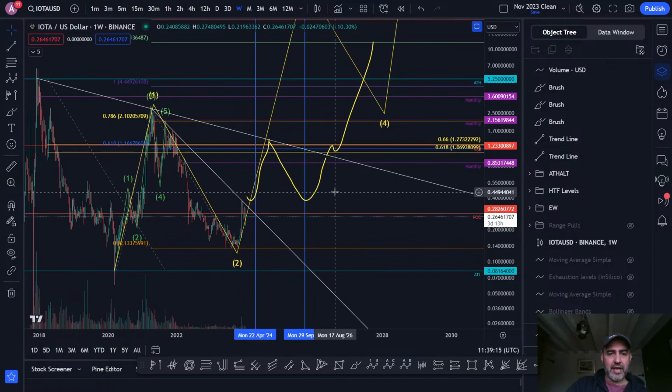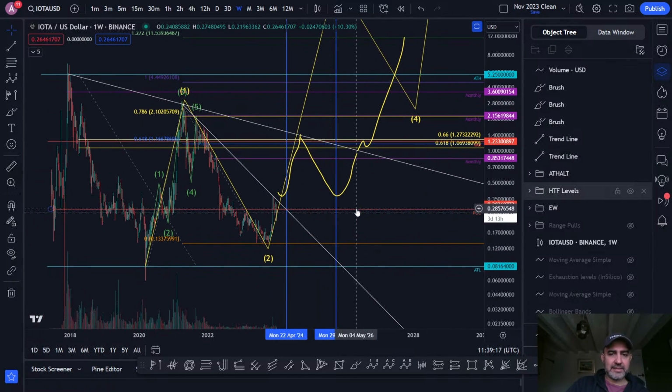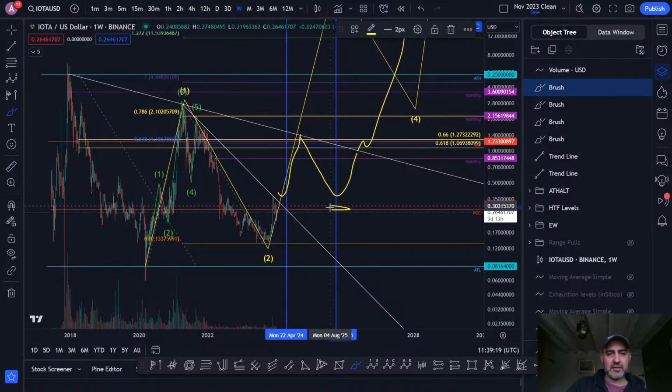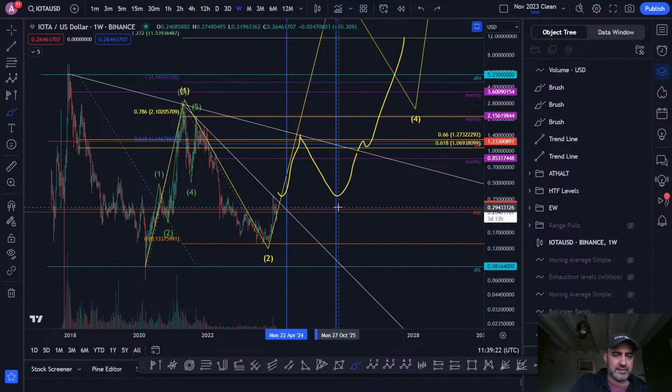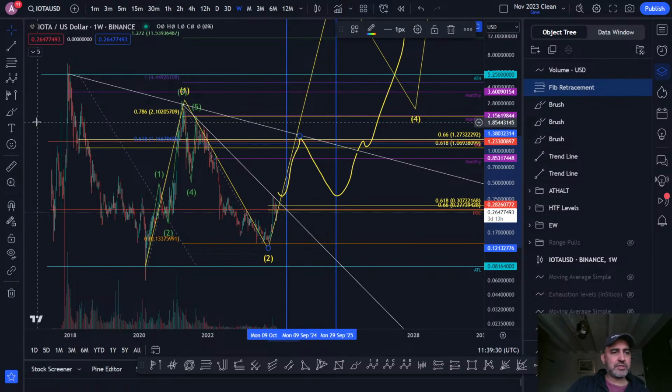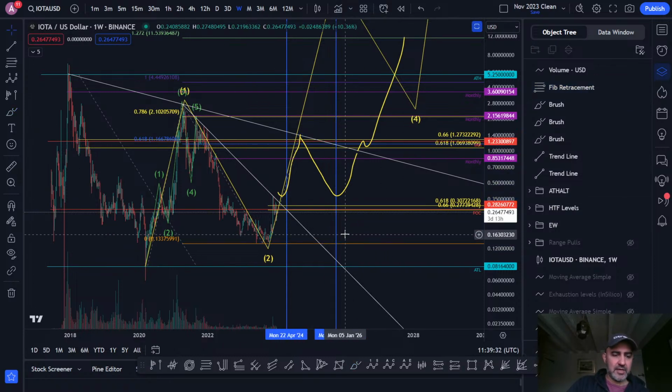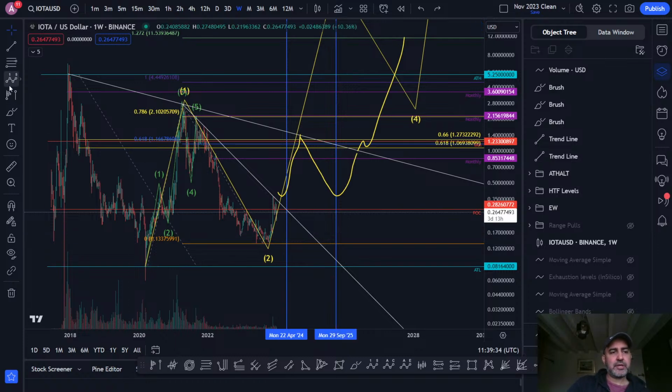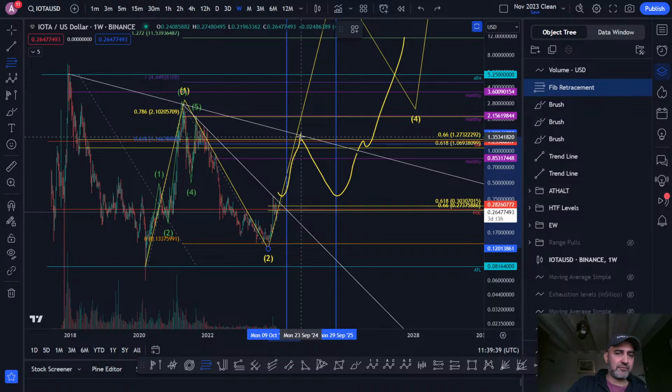Now, I don't necessarily think it has to come back to this lower point of control, which is here, because if it's bullish, depending on how high it gets, that point of control will probably be the golden pocket, which I've just drawn. I've just made that up, but probably from this 2 up to this where it could find resistance, that would be the best entry.